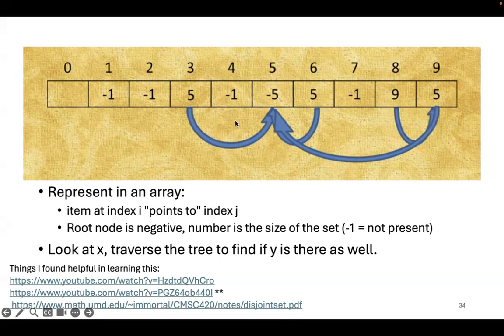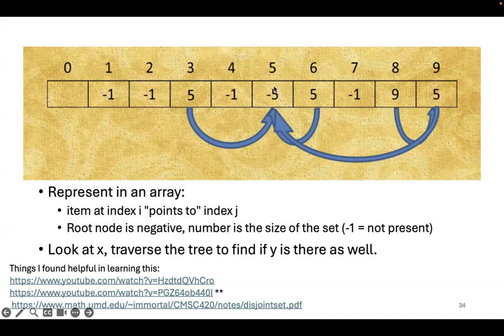And we see that 3 can point to 5. So this number here indicates this is the root of our tree. The thing at index 5 is the root of our tree. The thing at index 8 points to 9, which points back to 5.